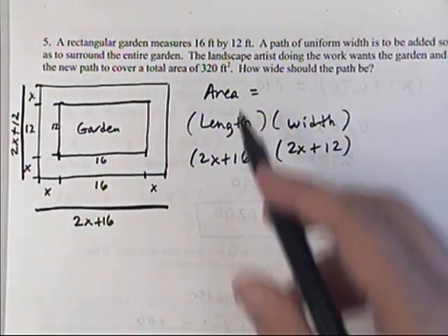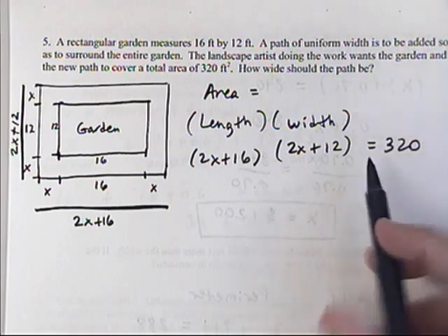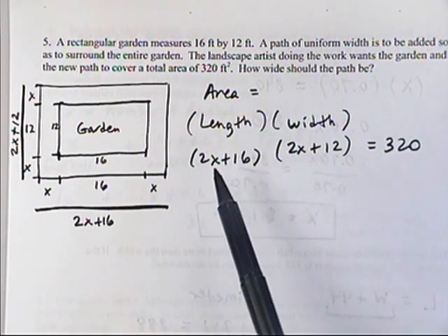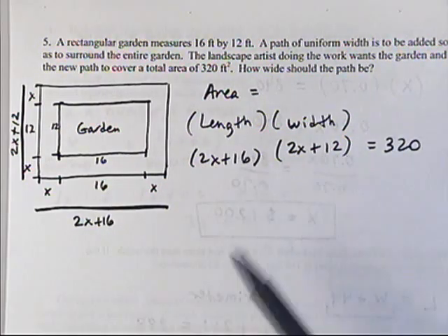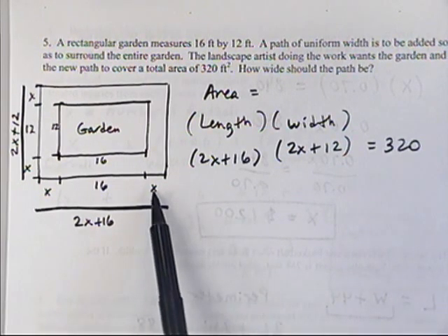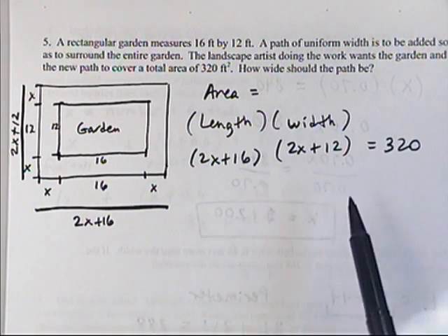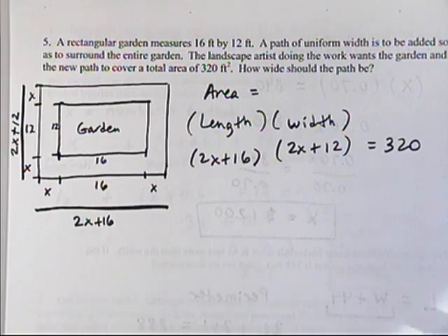So the area, which is 320 square feet, can be calculated by multiplying this length times that width. If they want us to find the width of the path, which is x, it can be done by solving this equation for x.